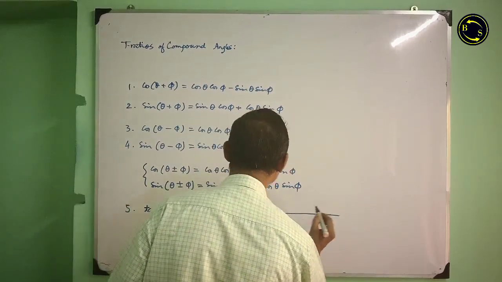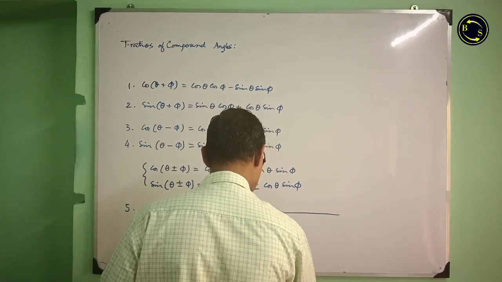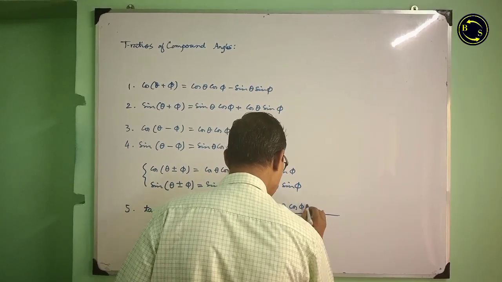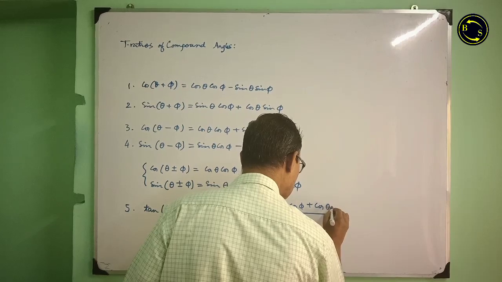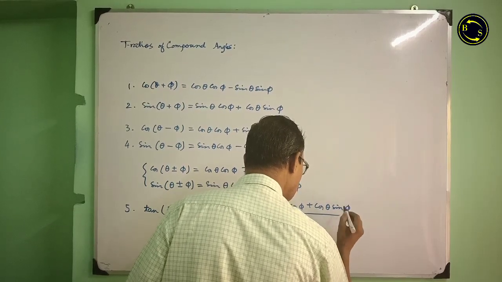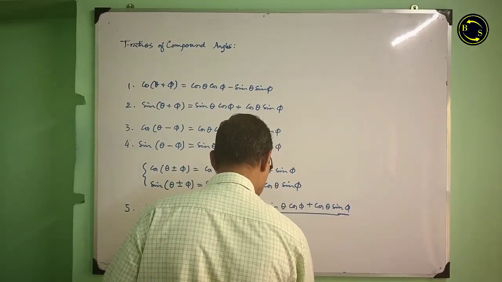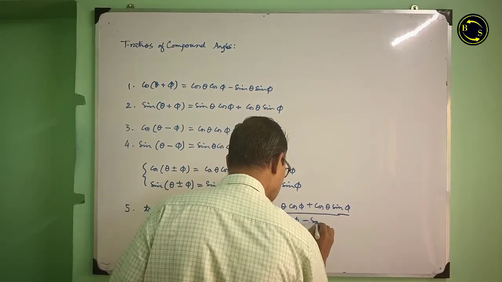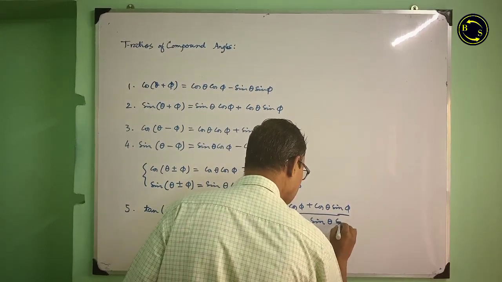Now we put the expressions: sin theta cos phi plus cos theta sin phi by cos theta cos phi minus sin theta sin phi.